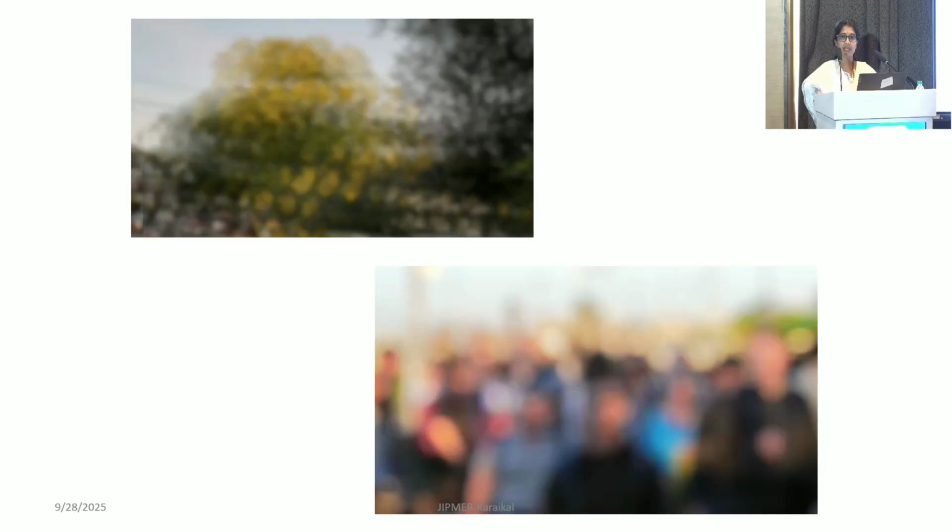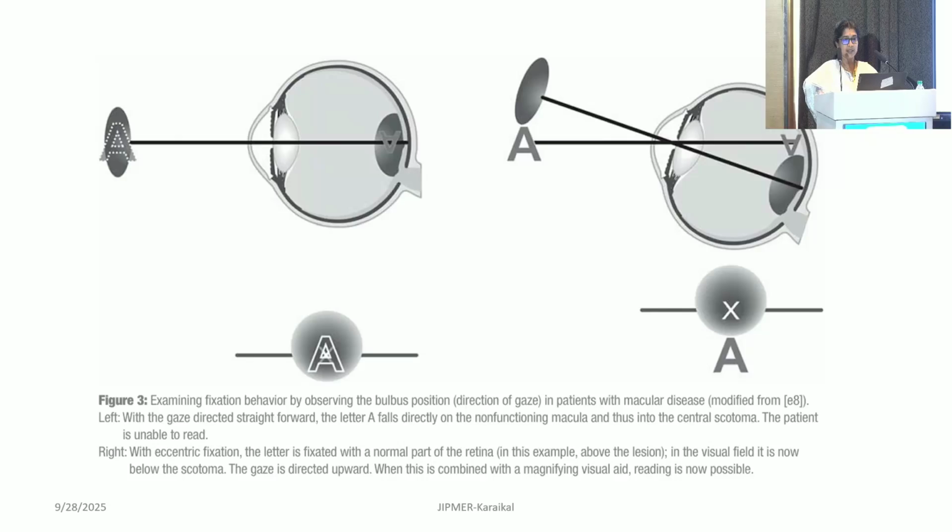And we have the other type of low vision, that is the central vision itself appears blurred. So this is what most of the time we encounter. One way to overcome this is using eccentric fixation. For example, a person with a macular dystrophy or something, a letter or an image like A is falling exactly on the site of the macular dystrophy itself, during which time they will have a blurred image.